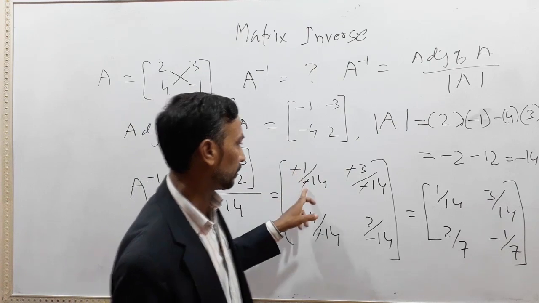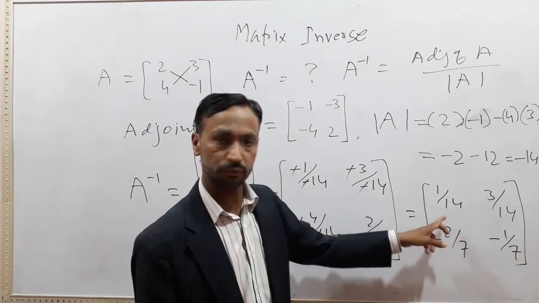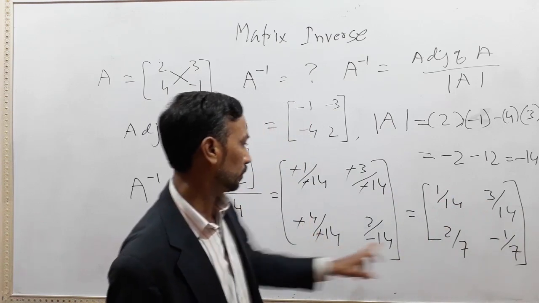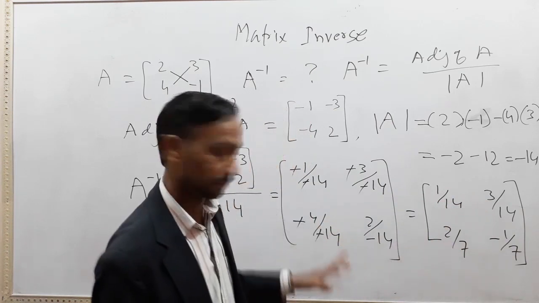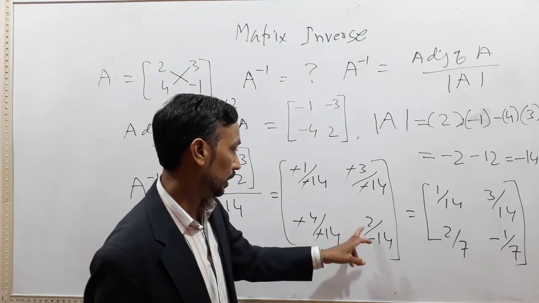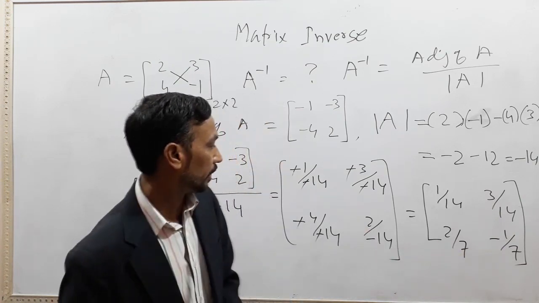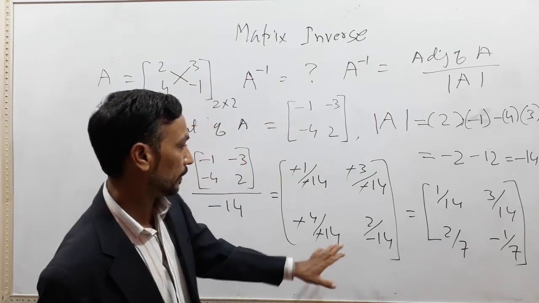Simply minus and minus will be cancelled, so it will be 1 over 14, 3 over 14, and 2 over 7, like 2 ones are 2 and 2 sevens are 14. So this is the way it is done. This is the result.